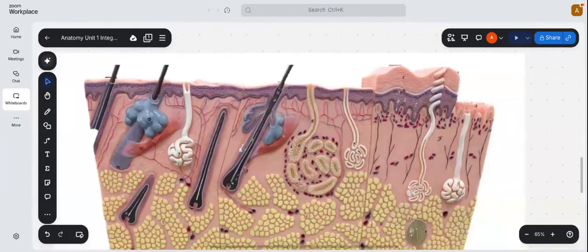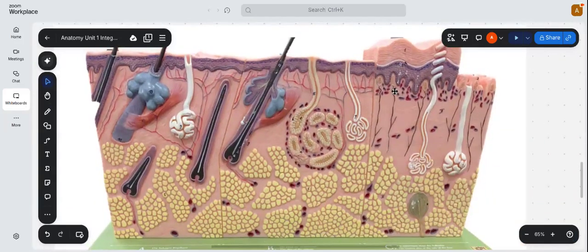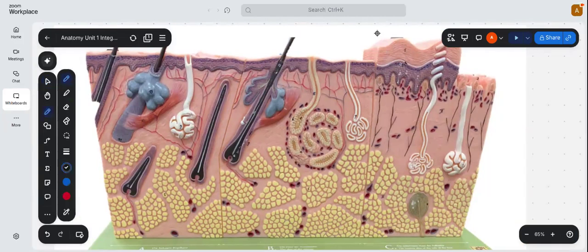So over here is a larger skin model. You can see that you have thick skin in this last little section. So from this black line all the way to the right where the model ends, this is all considered to be thick skin.